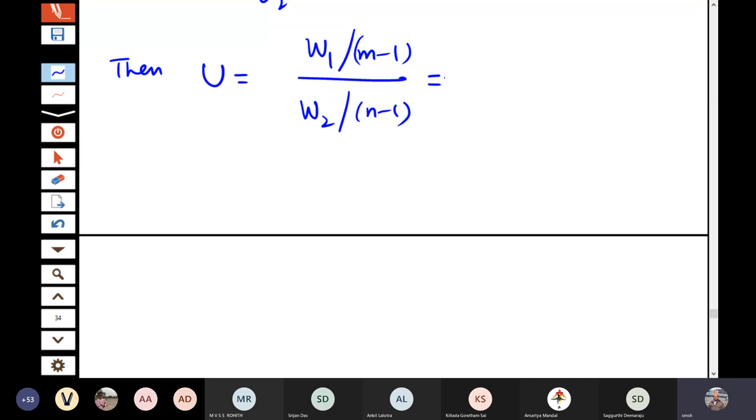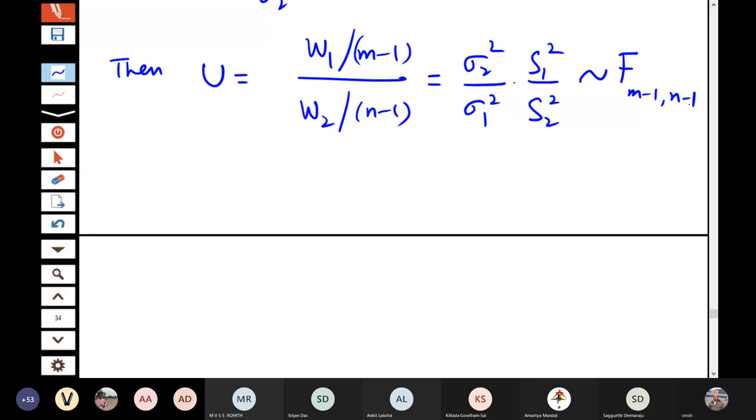What is that equal to? It becomes simply sigma 2 square by sigma 1 square times S1 square by S2 square. That will follow f distribution on m minus 1, n minus 1 degrees of freedom. So the ratio of two sample variances from two different populations follows an f distribution. Therefore f is also a sampling distribution.